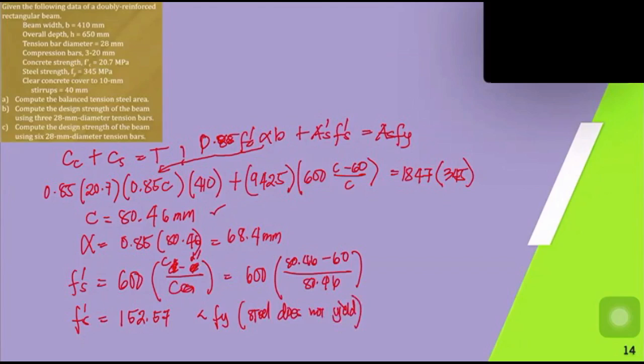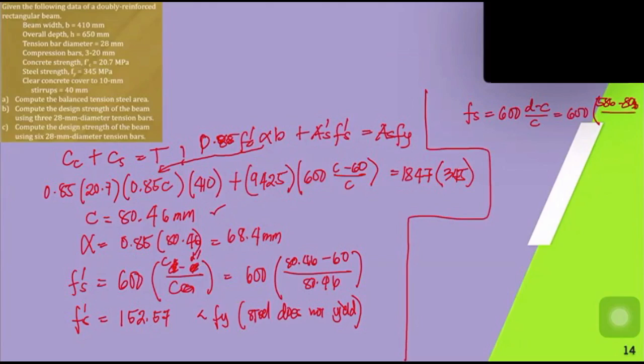Then also for fs, for tension, it is 600 times d minus c over c. For 600, what is the effective depth? 556 minus c over 80.46.